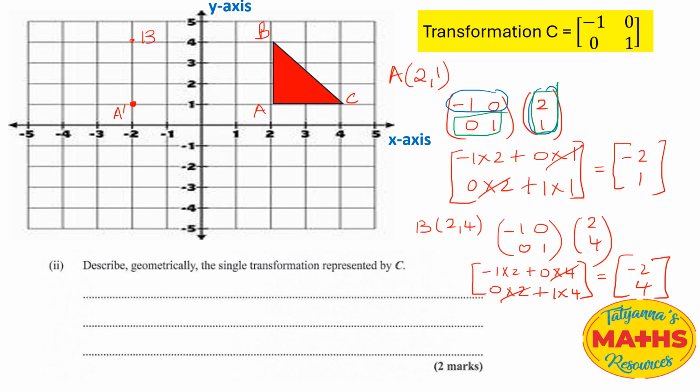So that's B prime. We recognize the distance: this is 1 squared, 2 squared, and the same thing on the opposite side, 1 square, 2 square. So that is a reflection over the y-axis, or x equals 0. Okay, so that was a really good way of solving this question, 2 marks.